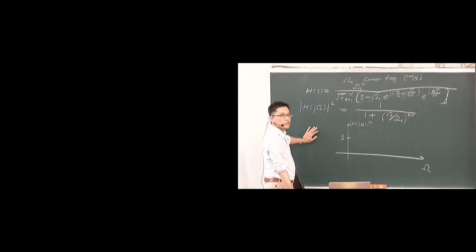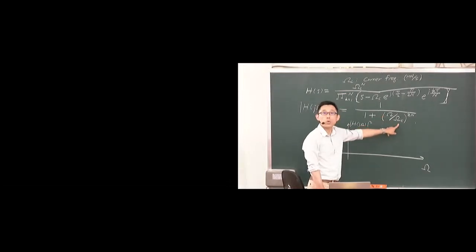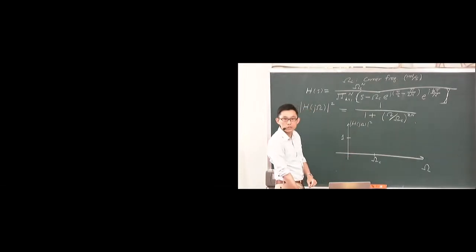Any suggestion? How about we check the value when omega equals the corner frequency? Suppose that corner frequency is around right here. When omega equals the corner frequency, we have 1 plus 1 dividing 1, so it's 1/2.